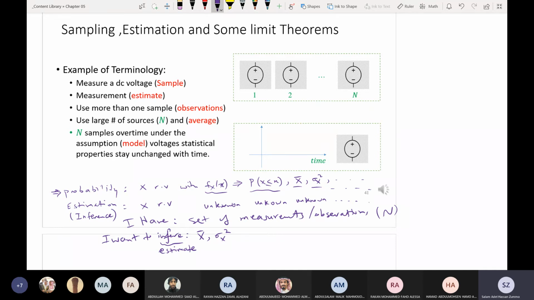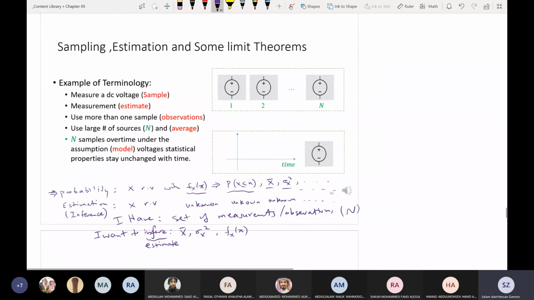I want to estimate X bar والسيجما X square, and hopefully I can fit a PDF if I have enough data. دكتور يعني خمن أخمن. نعم estimate مش أخمن. Guess أخمن. Estimate يقرب. أحدد بالتقريب. Okay. So basically infer استنتج أو estimate أحدد بالتقريب.